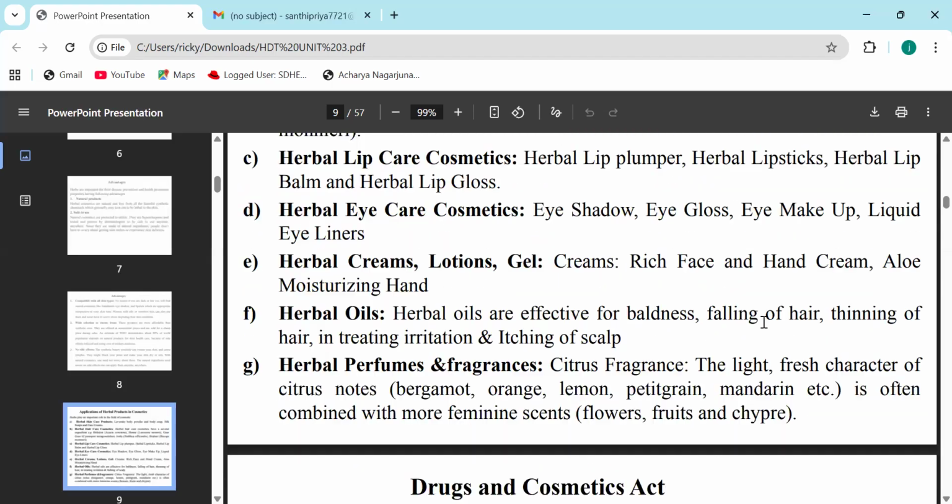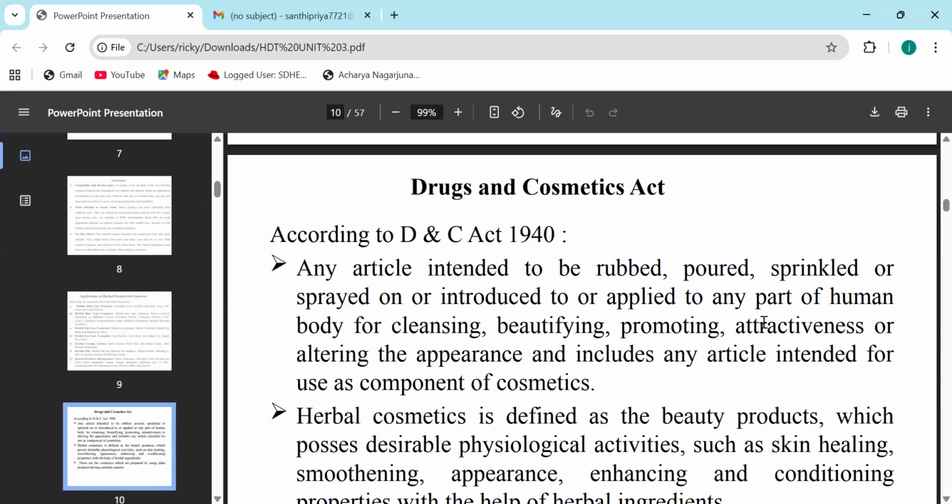Okay. And next, the Drugs and Cosmetics Act. It is a very important act for cosmetics, including herbal cosmetics. Any article intended to be rubbed, poured, sprinkled, or sprayed on, or introduced or applied to any part of the human body for cleansing, beautifying, promoting attractiveness or altering the appearance, and includes any article intended for use as a component of cosmetics.